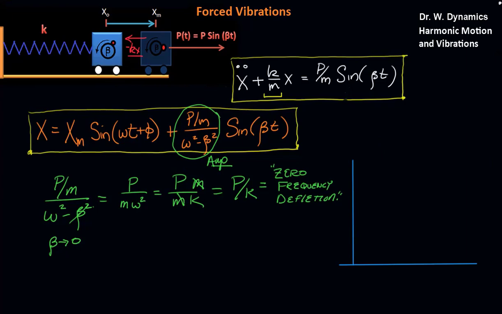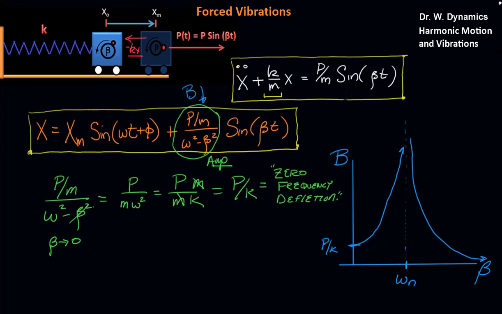If we make a plot of this amplitude here, we can plot the value of the magnitude versus beta, and we'll find at 0 it starts out at our P on K, zero deflection, and as it approaches omega natural, we'll find that it asymptotically goes off to infinity and then returns and decays back down, eventually back to 0.